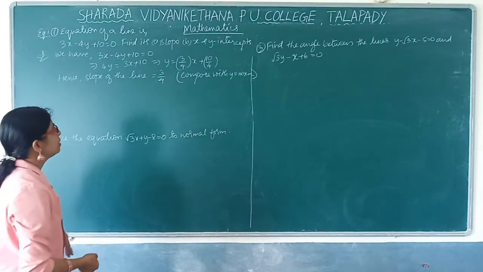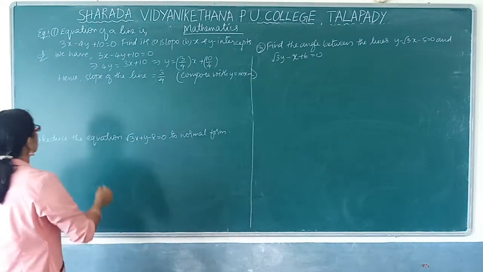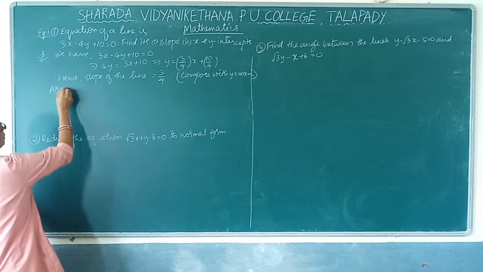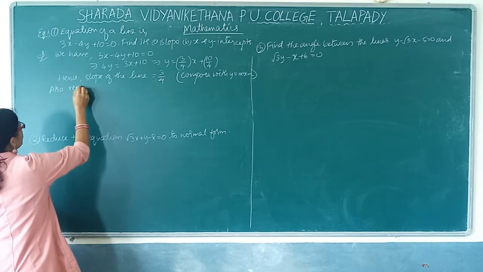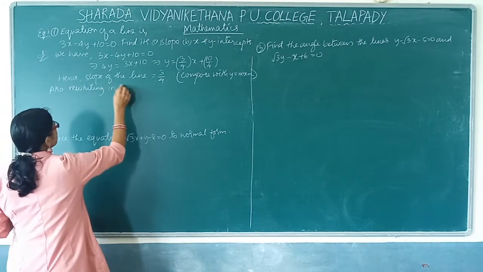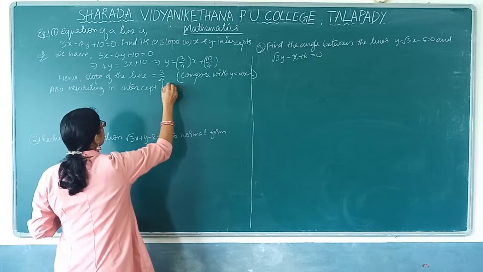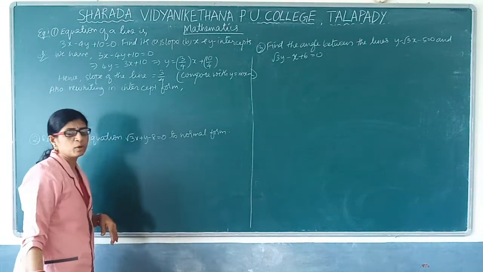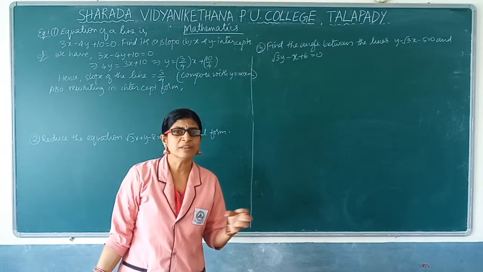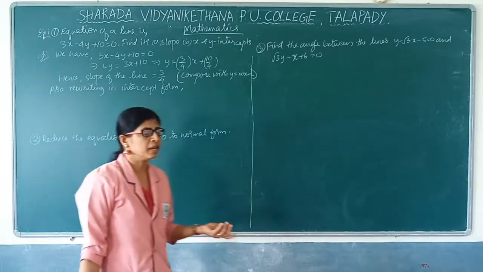Now, to write the x and y intercepts, we will rewrite the equation in the intercept form. There are different ways of solving this equation. I am not telling this is the only way to solve. Either you can remember the formula: what was the x and y intercept when we reduced? It was minus c by a and minus c by b.